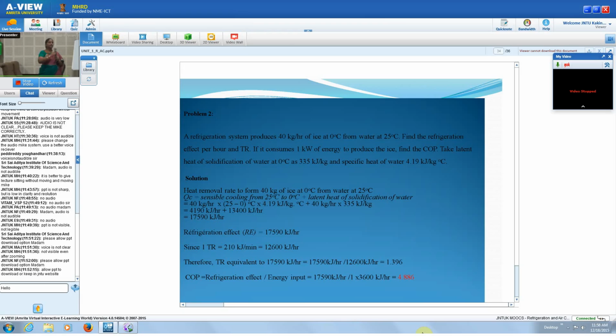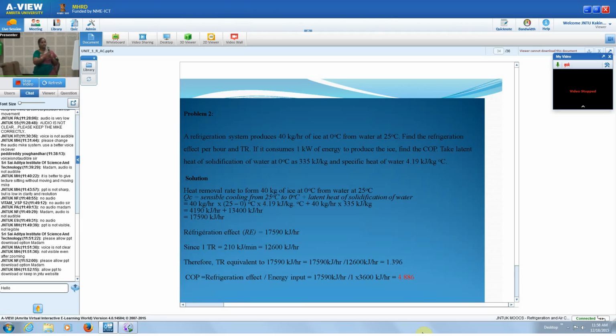So if you calculate that, that will be 17,590 kilojoules per hour. That is the refrigerating effect required, or the cooling effect required in the refrigerator.